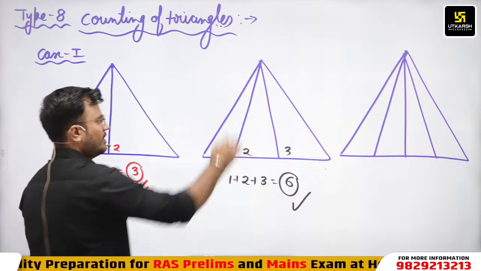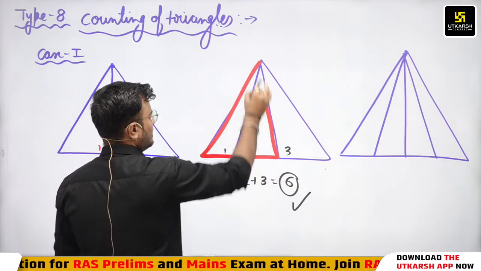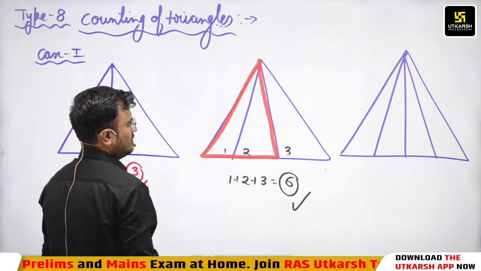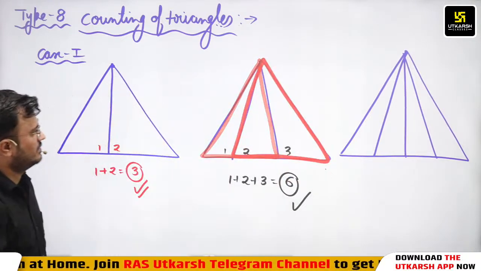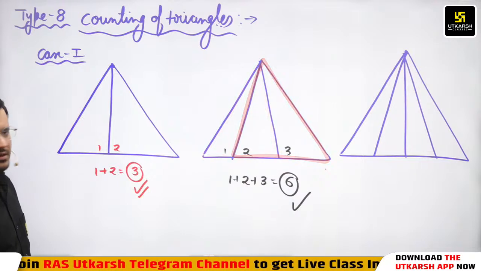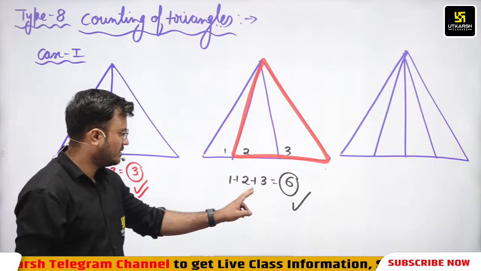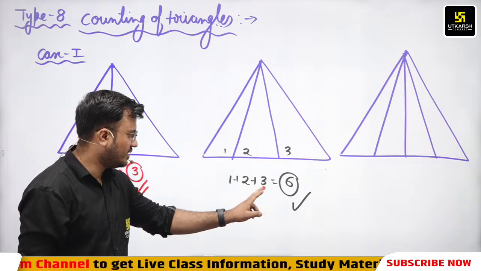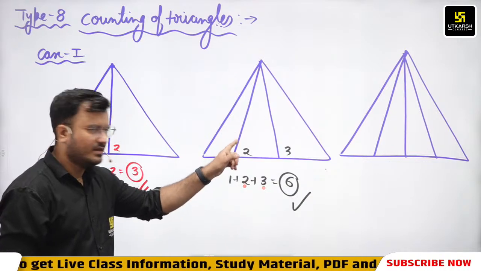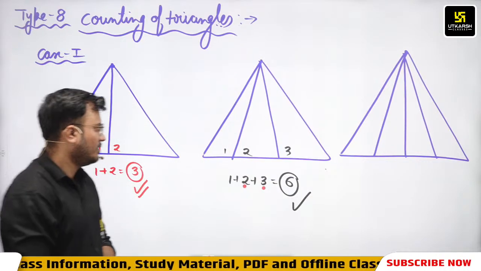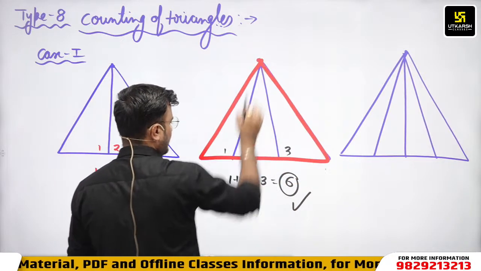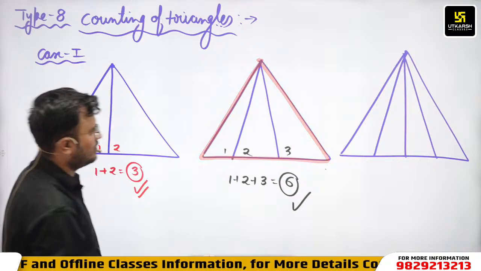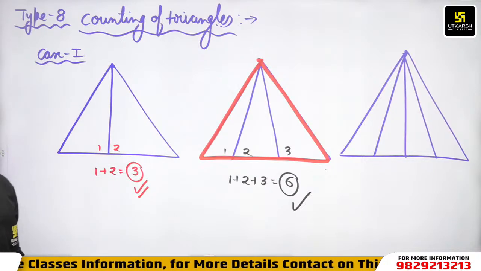Now this one is your fourth, and this one is your fifth. So these are 3 smallest triangles, then 2 triangles, and finally the biggest triangle. So a total of 6 triangles.